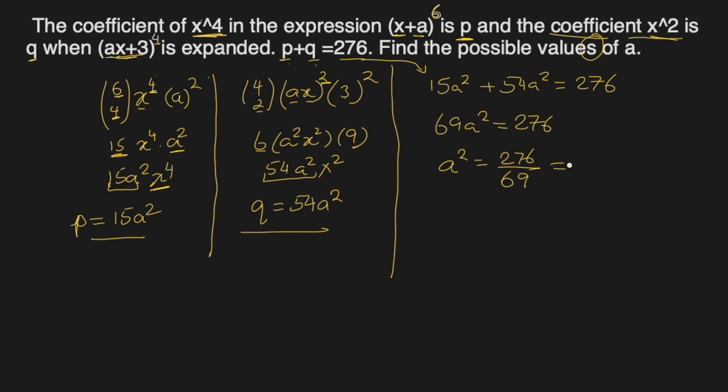Yes, it is 4. a square is 4. So if we square root both sides, we write a is plus or minus 2. That's why they said values. We have either plus or minus 2. That is the value of a.